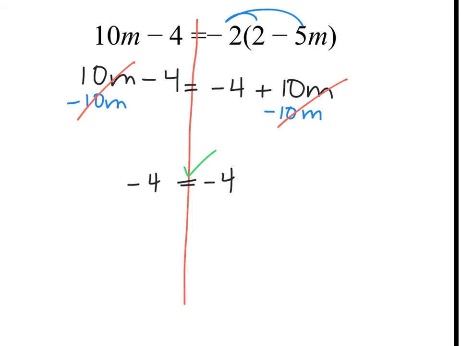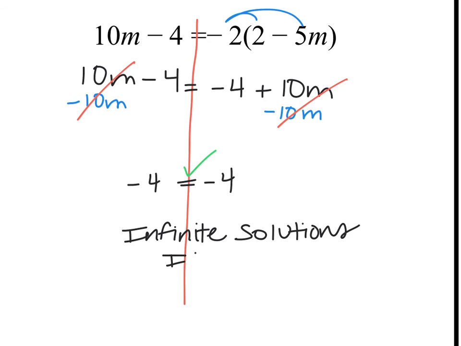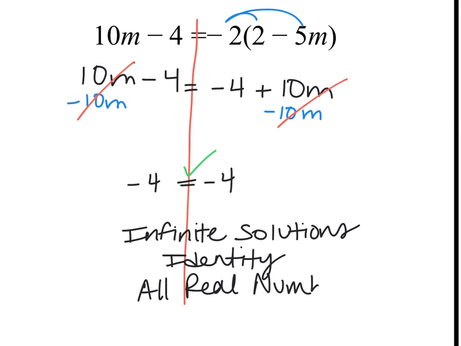And so you have to say for your final answer, you have several different options. But you got to give me a phrase to end it. This means that there is an infinite amount of solutions. Anything works. Other things that you can say, identity, or all real numbers. And we have a fancy symbol for that.